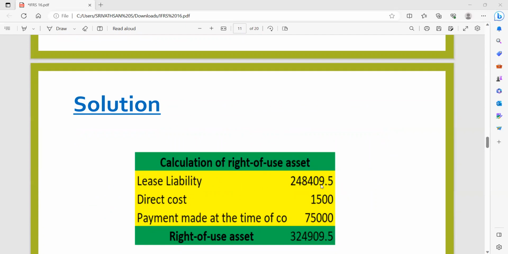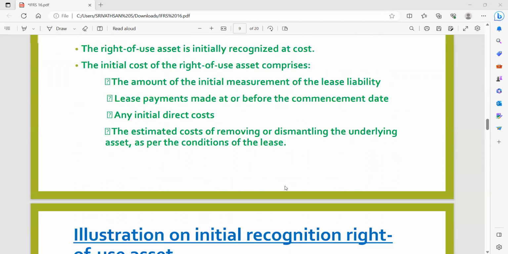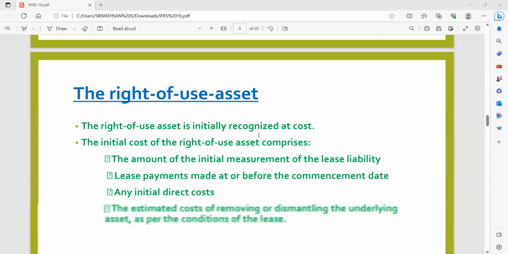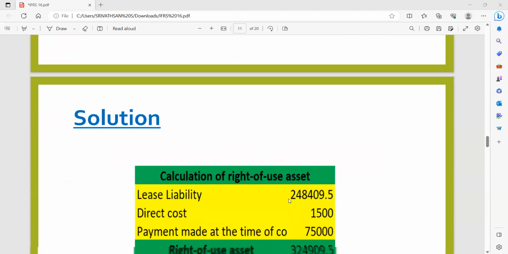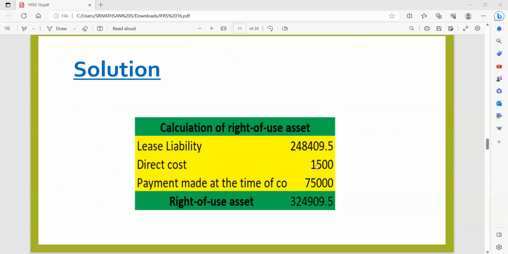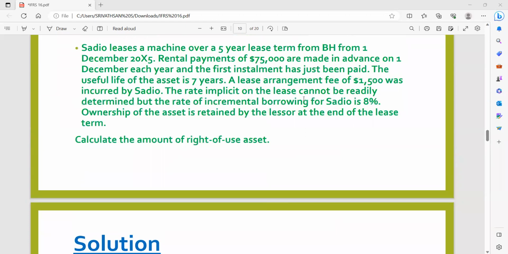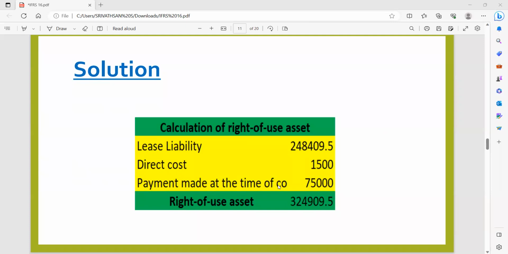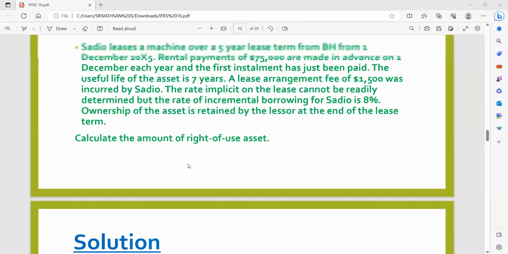This 248,409 is nothing but the amount that we have calculated above, 248,409.5. It starts with the lease liability, and you need to add any direct cost, that is 1,500. Here the lease arrangement fee is added to the lease liability, and the payment made at the time of commencement, 75,000, which we have made.